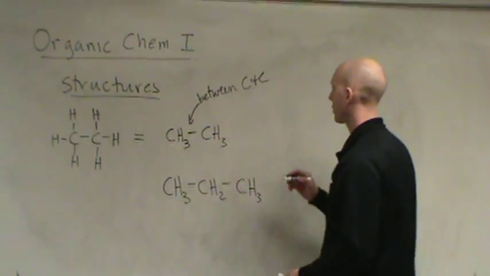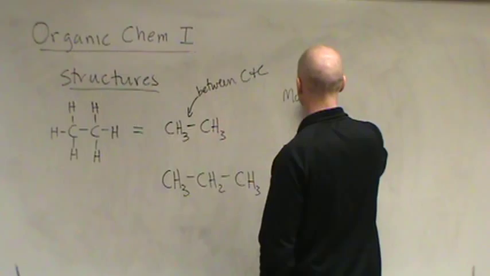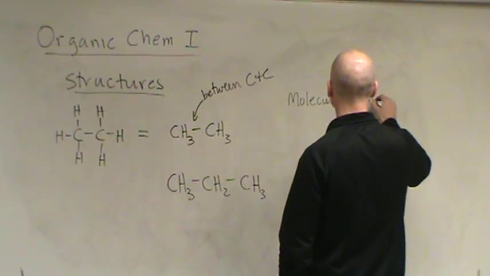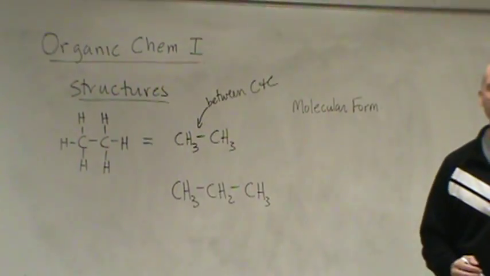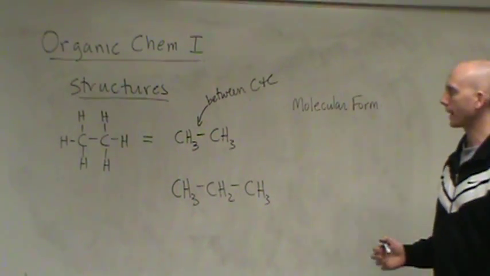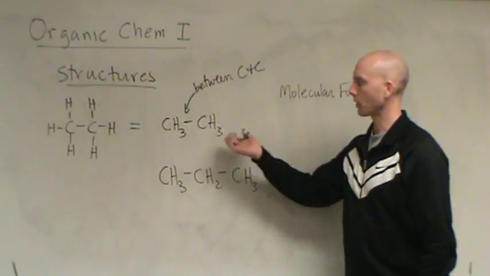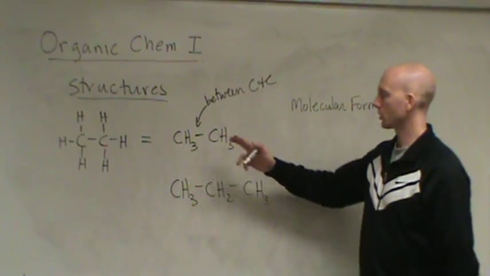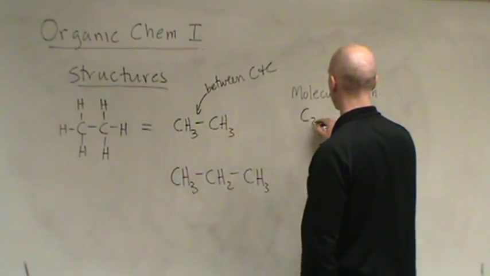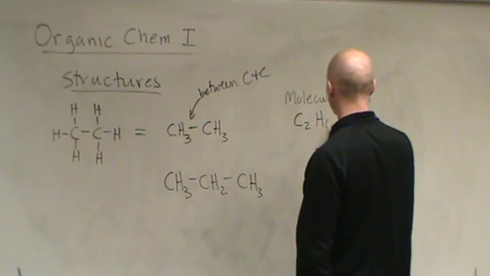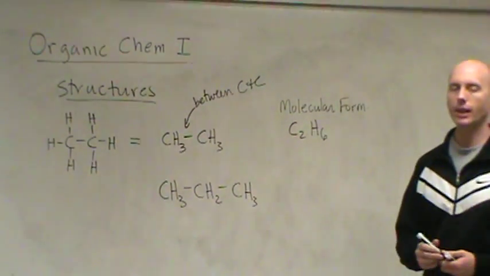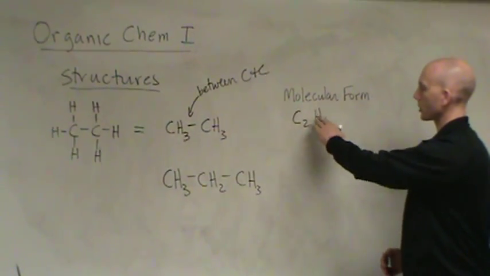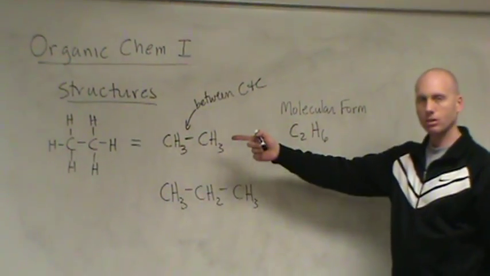Another thing we can do is write what's called the molecular formula, okay? Remember what that is? It's simply giving you the recipe of the molecule. So this one has 2 carbons and 6 hydrogens in its recipe. The molecular formula doesn't tell you anything about the structure, okay?